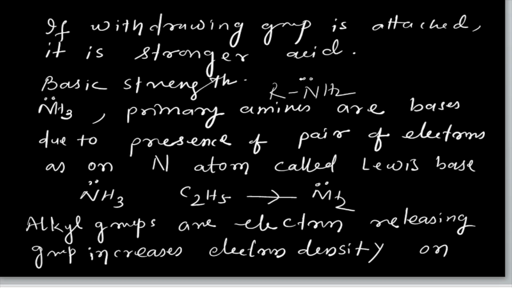Very important. What is a Lewis base? If a pair of electrons on nitrogen can be released towards another species, it is called a Lewis base, like RNH2, where N contains a pair of electrons.